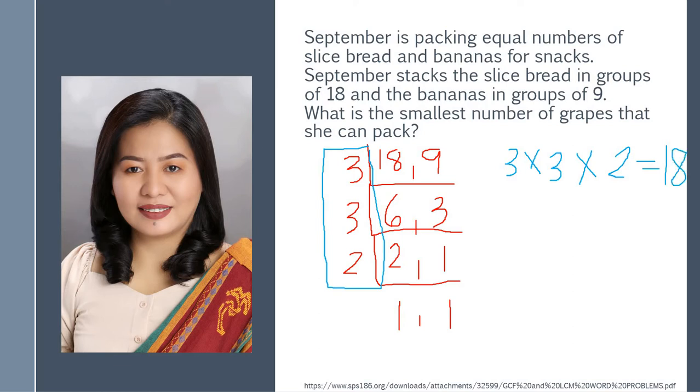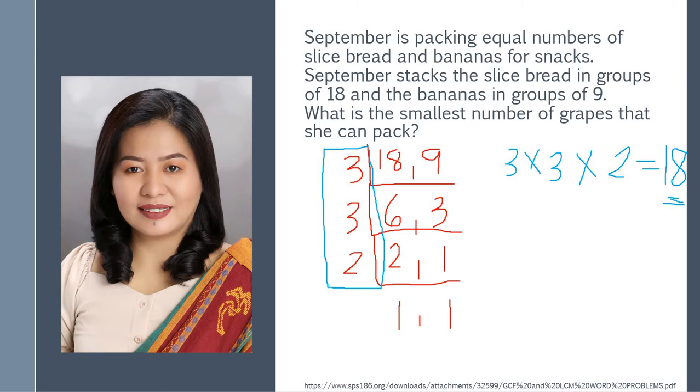So the smallest number of grapes that September can pack, having 18 slices of bread and 9 bananas, will be 18. So 18 will be the smallest number.